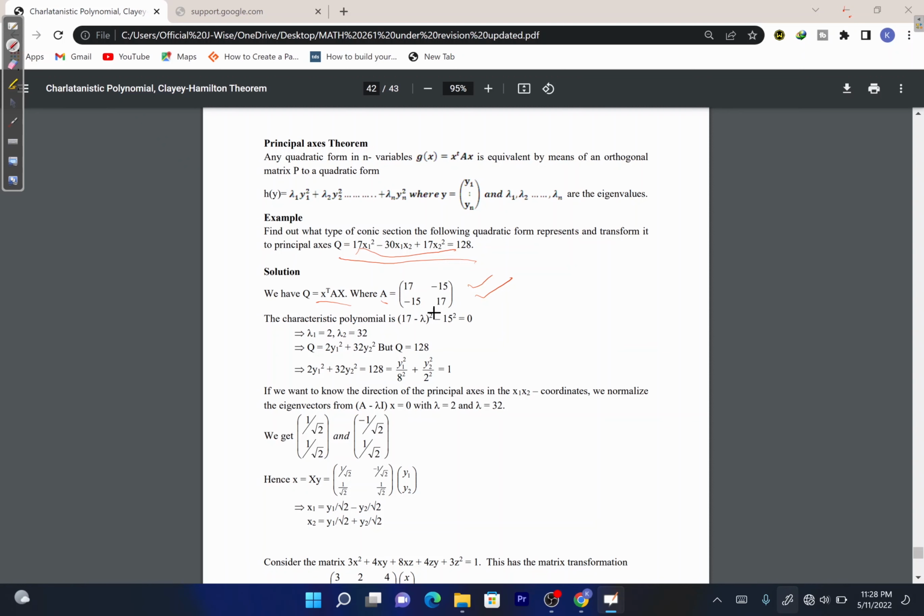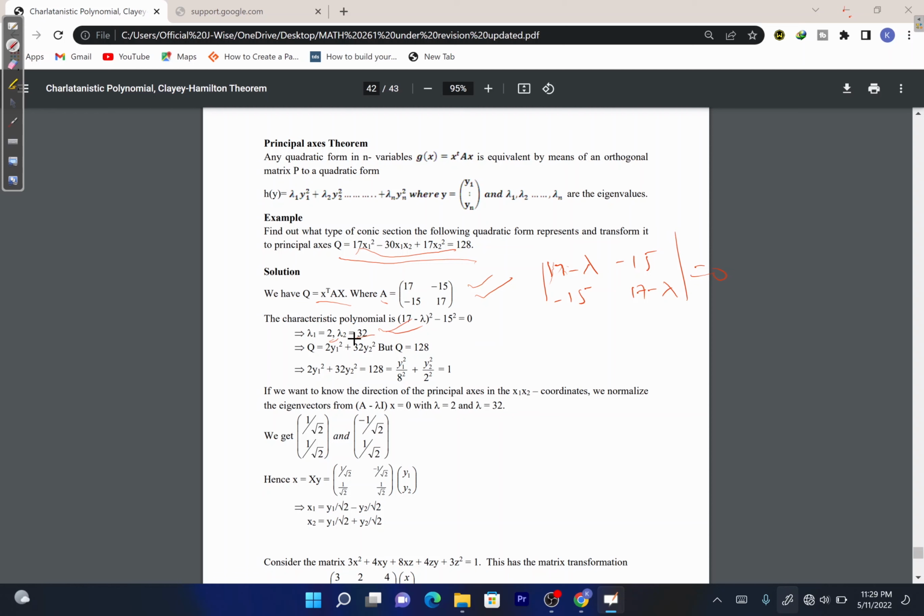We find the eigenvalues of this matrix: the determinant of 17 minus lambda, negative 15, negative 15, 17 minus lambda equals 0. When you do that, you get lambda 1 to be 2 and lambda 2 to be 32.